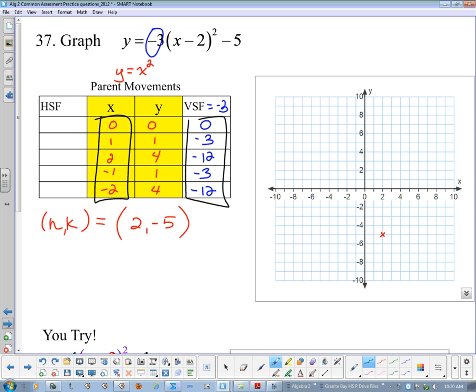We stay there, so that's going to be the vertex of my parabola. Then we're going to go right 1, down 3. Right 1, down 3. Then we're going to go 2 to the right, and down 12. We're going to be off the grid, so we'll simply say left 1, down 3. Left 1, down 3.